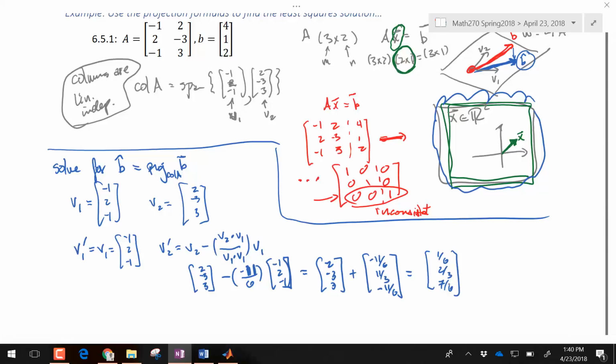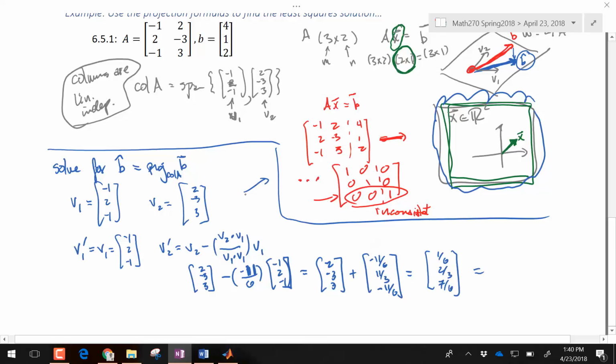All right, so this vector, V2 prime, is perpendicular, orthogonal to V1 prime. So that's good. Now we can project. This vector V1 looks like this.